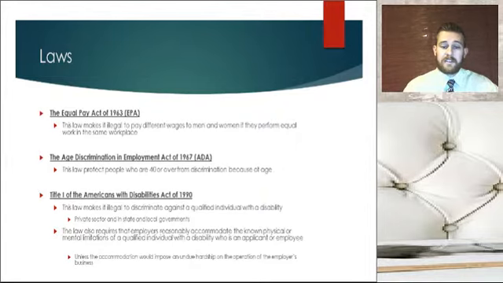The law also requires that employers reasonably accommodate the known physical or mental limitations of a qualified individual with a disability who is an applicant or an employee of that company, unless the accommodation would impose an undue hardship on the operation of the employer's business.